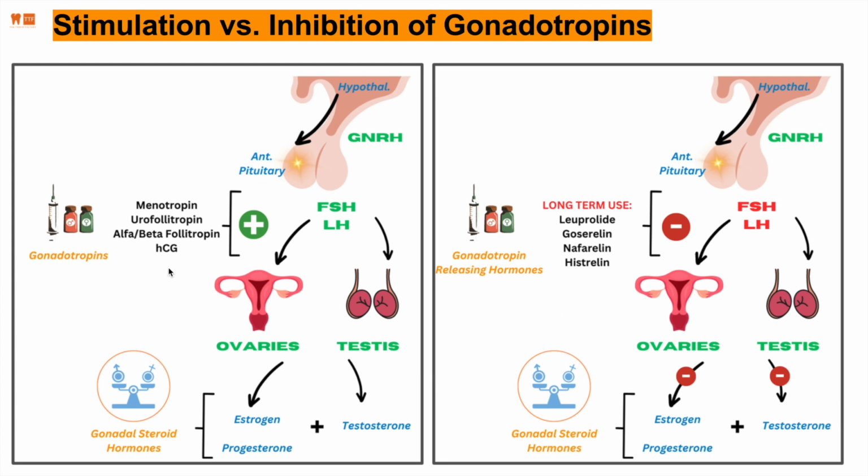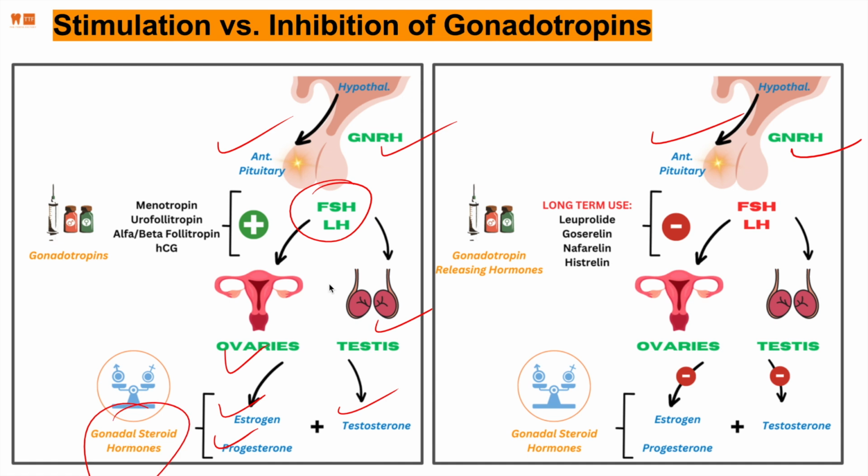One more revision of our diagrams. Hypothalamus, anterior pituitary, GnRH. Perfect. Releases FSH, goes to ovaries and testes, produces estrogen, progesterone, testosterone, also known as gonadal steroid hormones. FSH and LH are gonadotropins. Synthetically speaking, we have menotropin, urofolitropin, alpha-beta folitropin, and HCG. Fair enough? This is all stimulating.